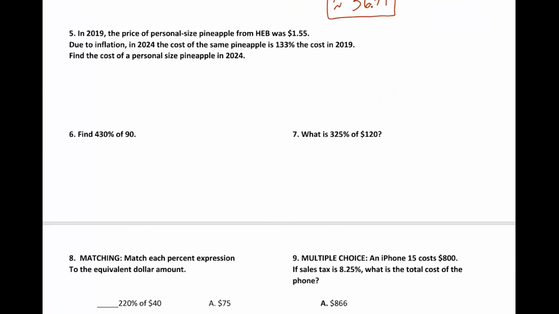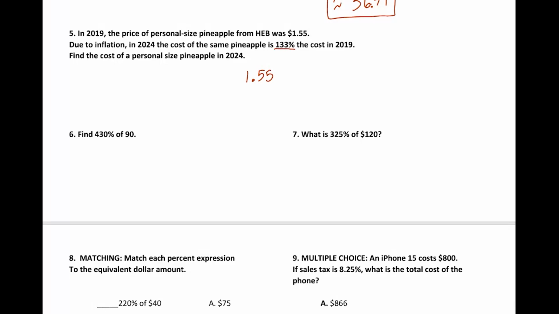Number 5 says in 2019, the price of a personal-sized pineapple from H-E-B was $1.55. Due to inflation for various reasons, in 2024, the cost of the same pineapple is 133% the cost that it was in 2019. Find the cost of a personal-sized pineapple in 2024. So in 2019, it was $1.55, but we want to know what is 133% of that.